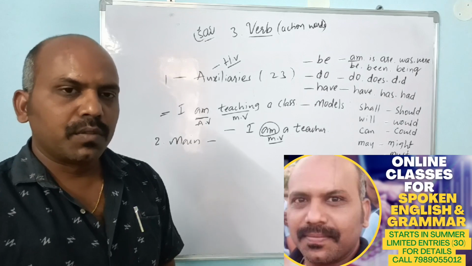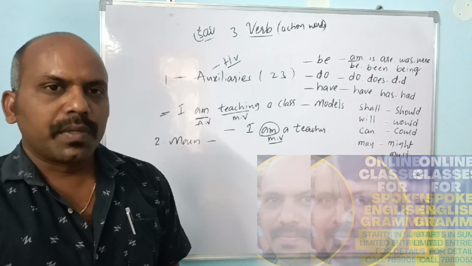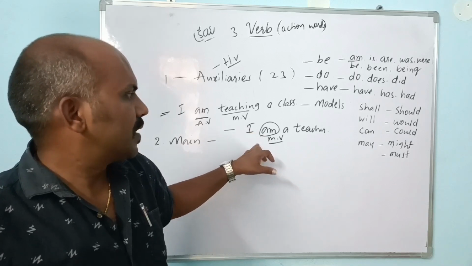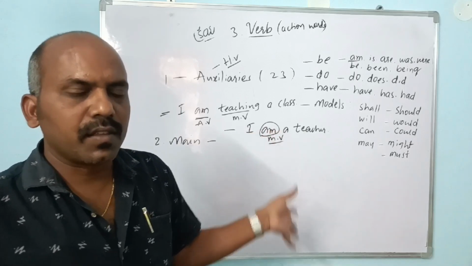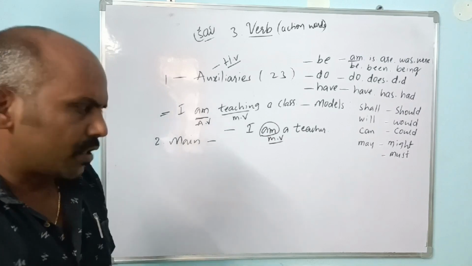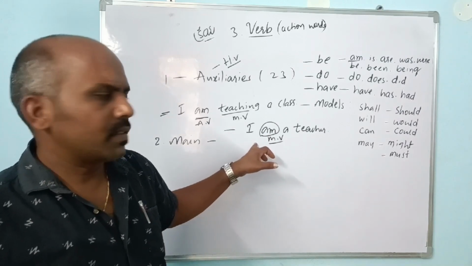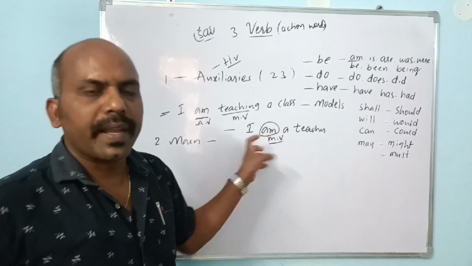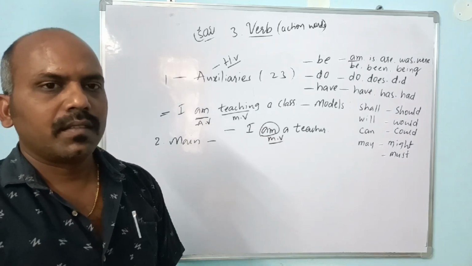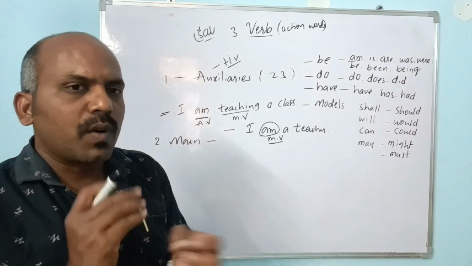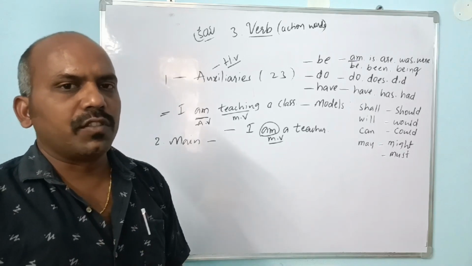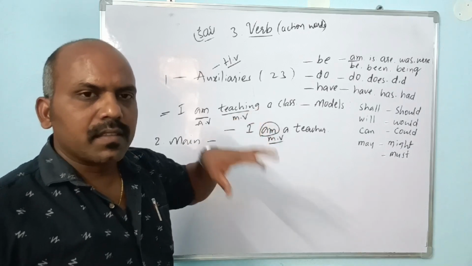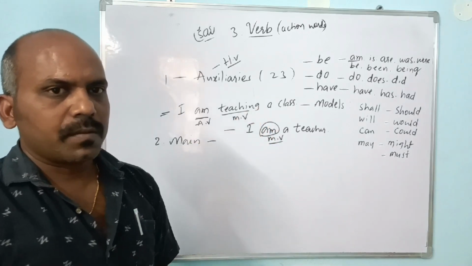A few students and a few people feel that as there is no main verb in this sentence, does it come under a sentence or not? So it surely is a sentence, and am is not an auxiliary. It is the main verb because there is no other main verb in the sentence, right? If in a sentence you don't find any main verb, then an auxiliary takes the role of main verb.